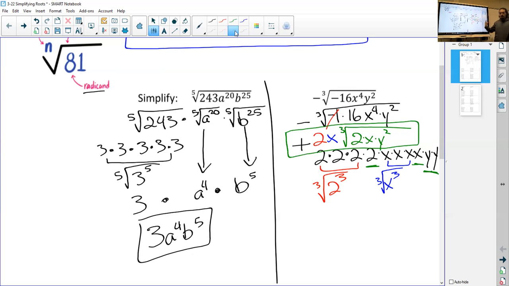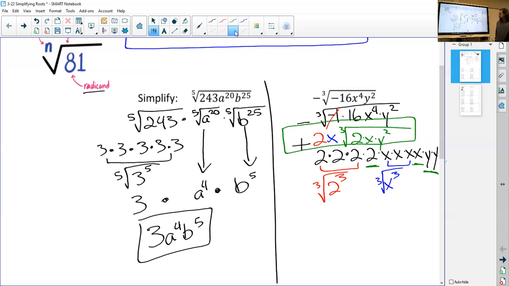But then we'd have 1 as a remainder, right? 4 divided by 3 is 1 with 1 left over. So that leftover, the remainder, is going to stay under your radical. Okay? And then 2 divided by 3, that's a fraction, right? It doesn't go into it one time. So that's why there's no y on the outside, and we have that remainder of 2, so it stays under the radical.